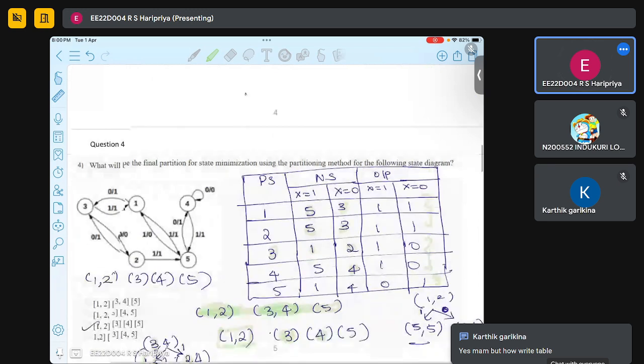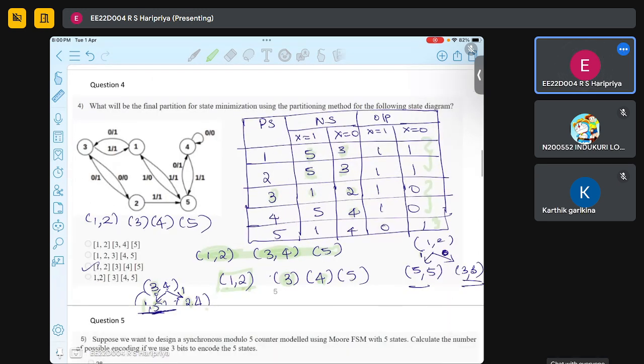The table is from this diagram. From 1, it is going to 5 if x is 1 and output is 1. And from 1, it is going to 3 when input is 0 and output is 1. In this way.